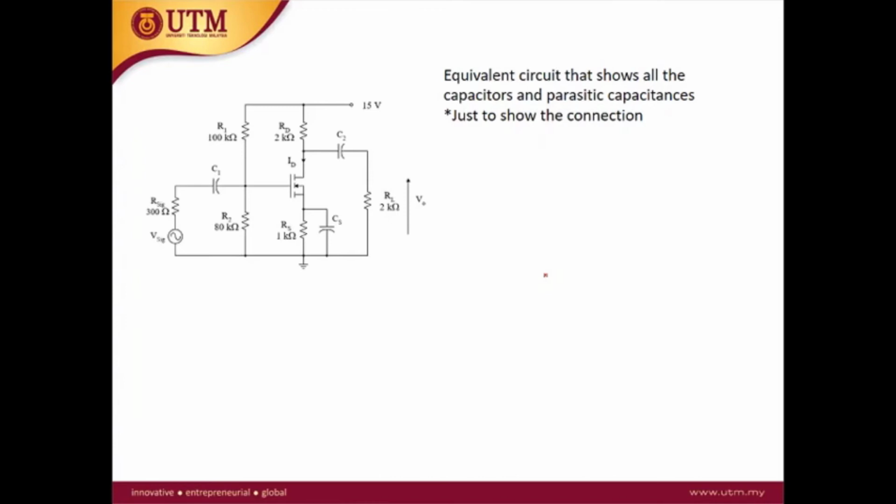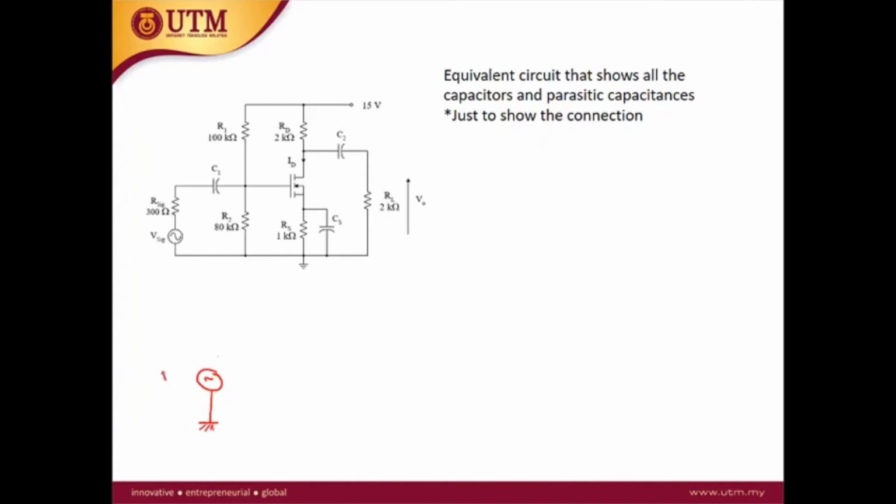The full equivalent circuit will have capacitors and parasitic capacitance. So how will the equivalent circuit look if we draw all the capacitors and all the parasitic capacitance? Okay, so let's draw that. So we have the V signal.